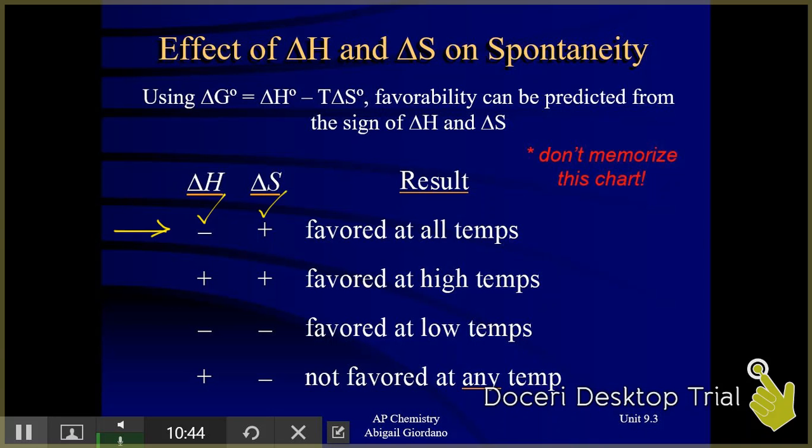And I've got two check marks here, two situations where they are likely to be favored. So guess what? That means with this particular combination, this is a reaction that will always be favored. It doesn't matter what the temperature is. Okay, this is a reaction that will happen on its own without any help from us.